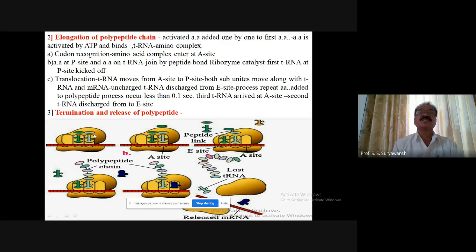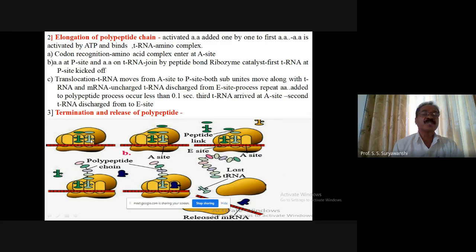This amino acid is activated by ATP and binds with the tRNA, forming the tRNA-amino acid complex. The second tRNA, again with the same condition that it should be activated, forms a tRNA-amino acid complex.